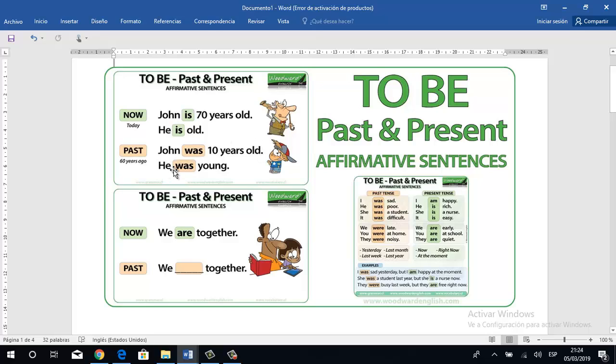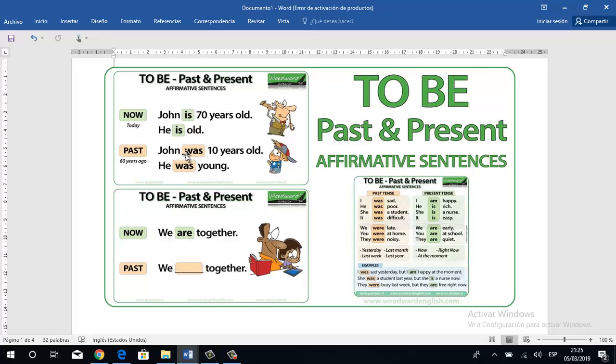And then you have he was young, instead of saying he is old, now you say he was young. So these sentences are today, and this is 60 years ago. A very frequent word for past is this word ago, that means hace un tiempo, 60 years ago. So that's what we're saying, that 60 years ago John was 10 years old and he was young.